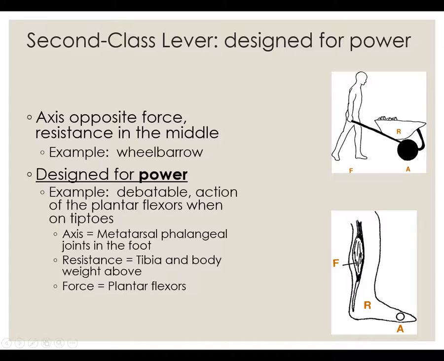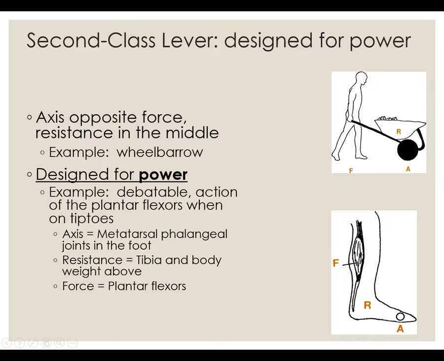The resistance is the tibia and the body weight from above, so here in the front. And then the force, or the muscles that are trying to keep everything intact and provide power to the body, would be the plantar flexors, or the gastrocnemius in this case.